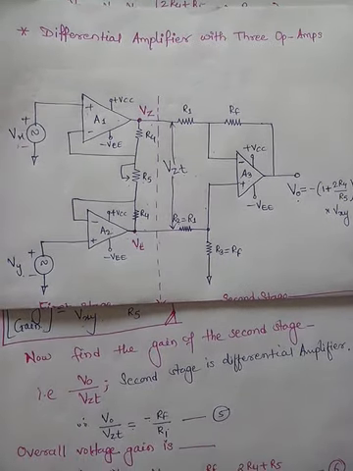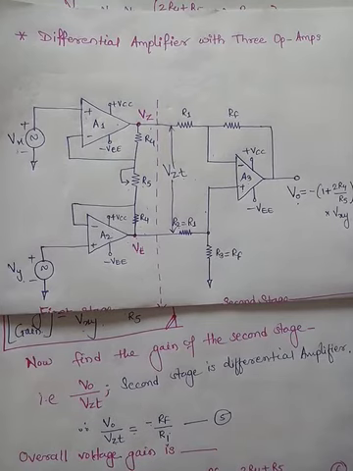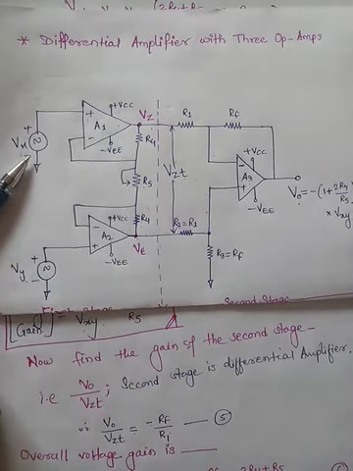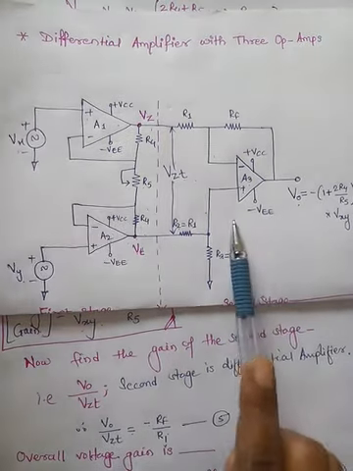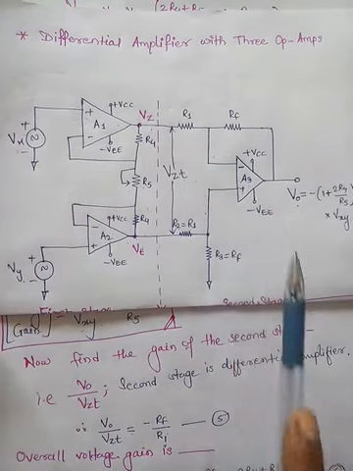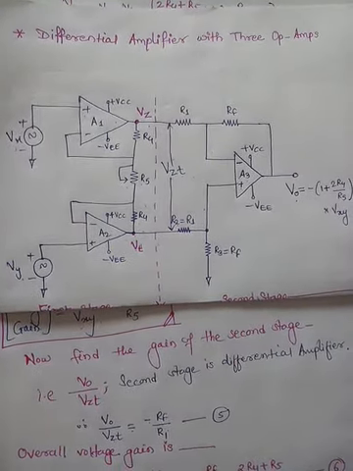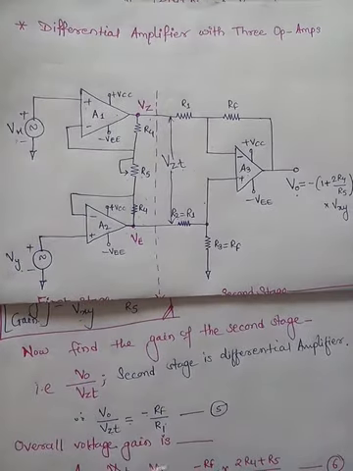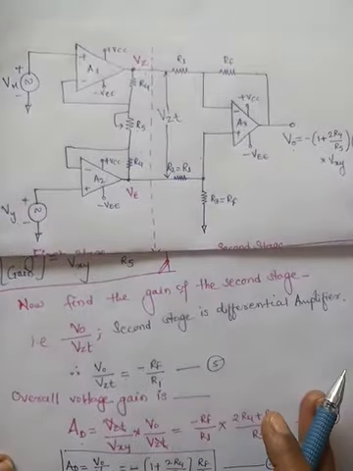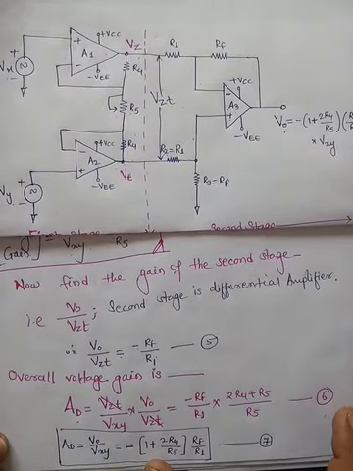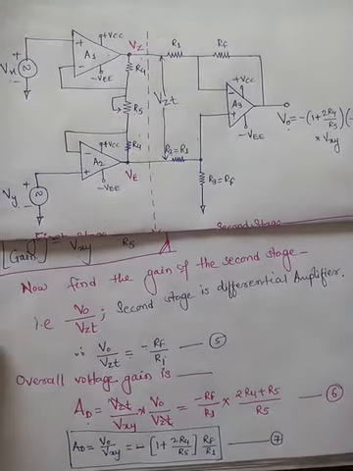Okay. Now we have to find out the overall voltage gain. That is, gain of the first stage will get multiplied with the gain of the second stage. So the overall voltage gain of the differential amplifier, how we can write it, is as AD. AD is the voltage gain of the differential amplifier.